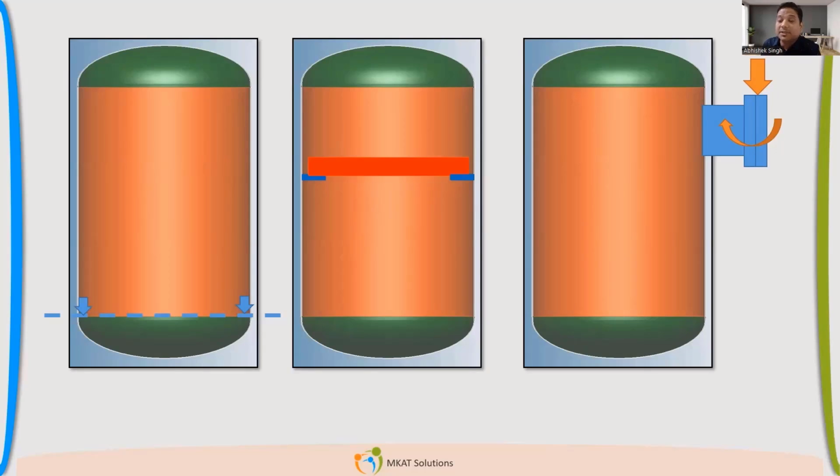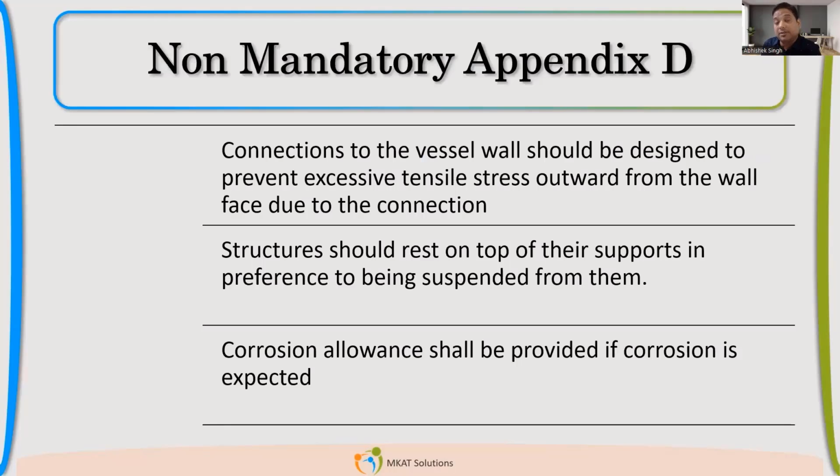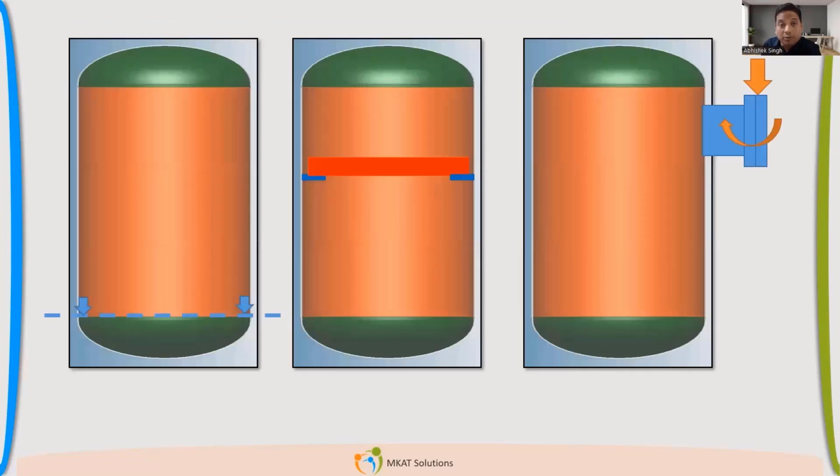So while supporting this internal, we should be very careful that there is no outward stress created because of this support. If this is the support and we want to provide it, we have to provide a temporary attachment which we can weld to the vessel on one side, and on the other side we'll have to give a sliding type joint.